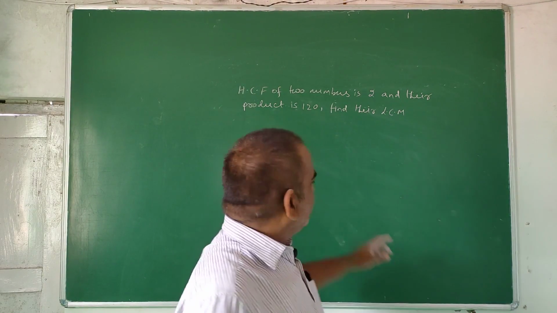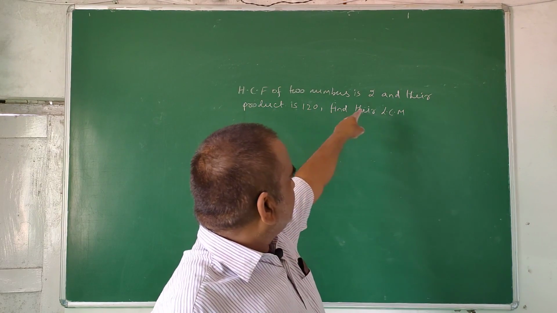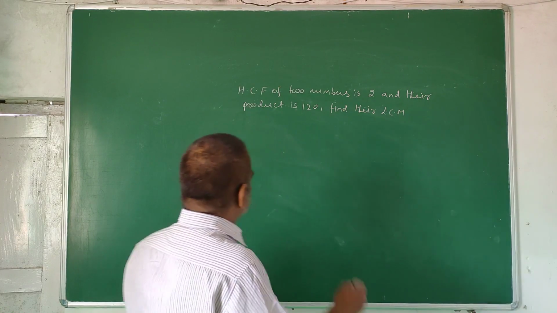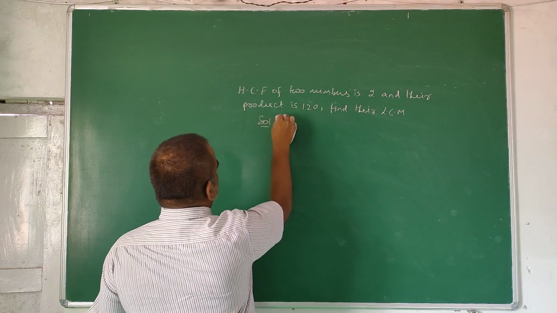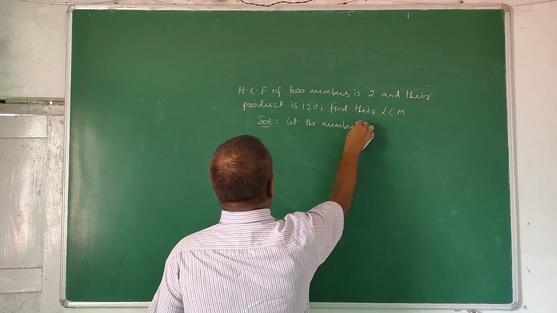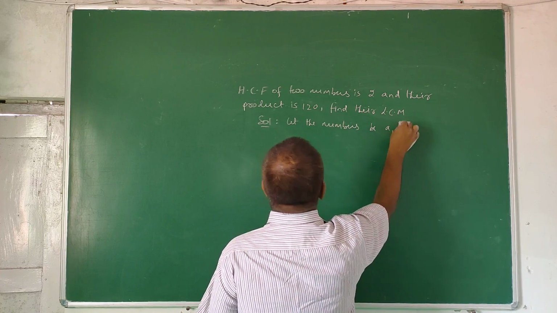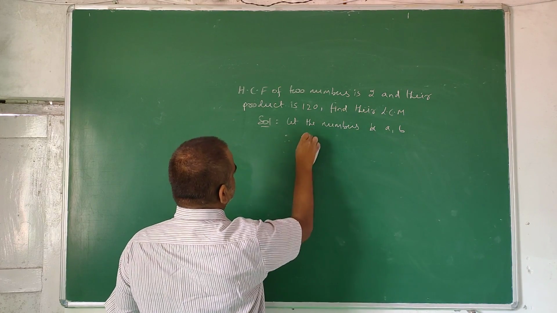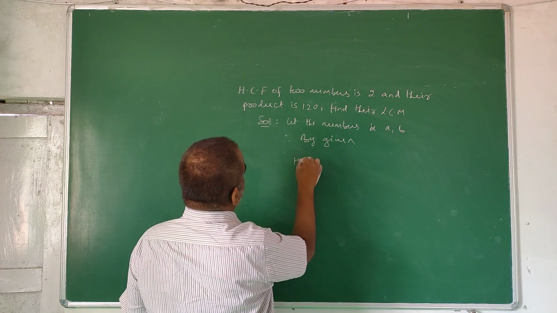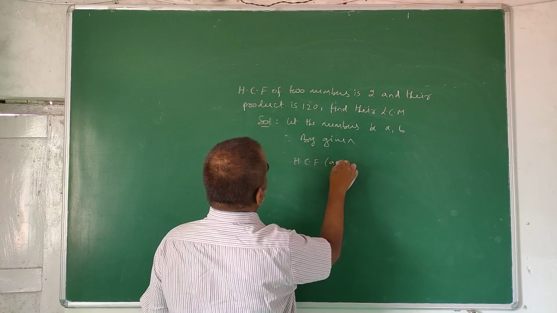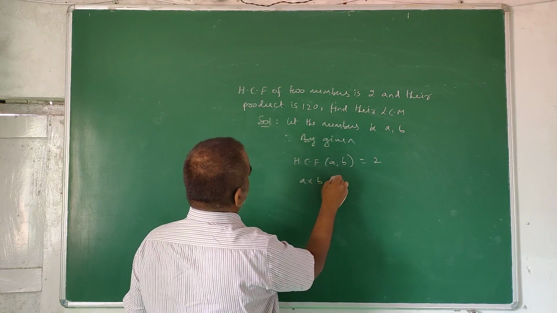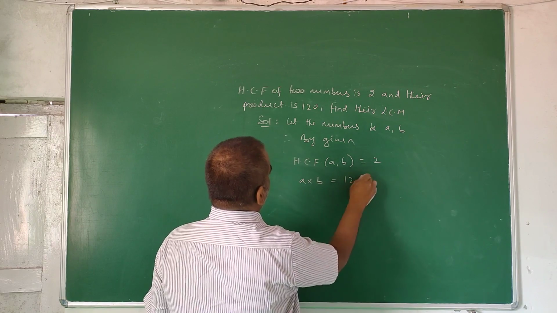See, here there is one problem. HCF of two numbers is 2 and their product is 120. Find their LCM. This is the question. So, solution. Let the numbers be A, B. Therefore, by given, HCF of A, B is equal to 2, product of A, B is 120.